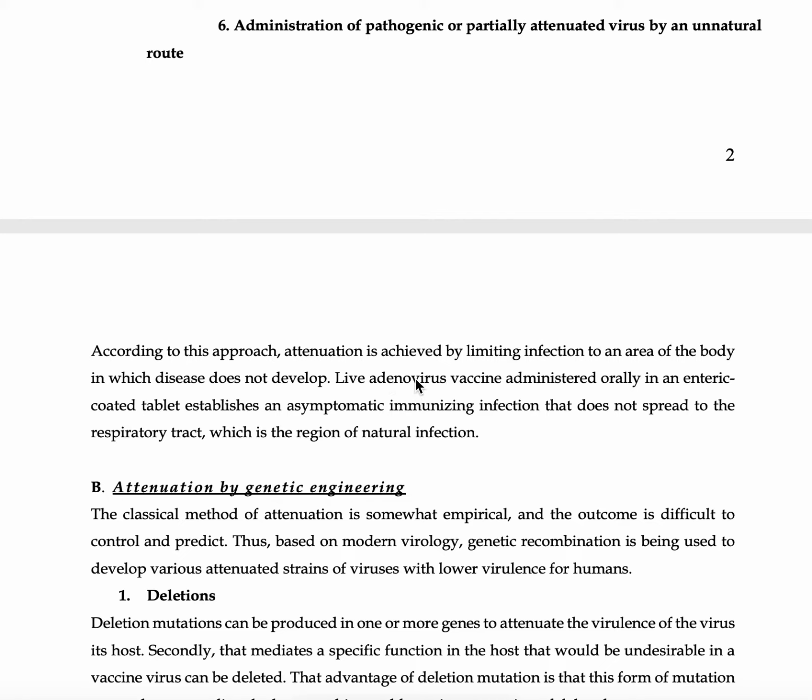Once you orally administer the adenovirus vaccine, it will cause an asymptomatic infection in the stomach, and due to this asymptomatic infection, it will induce immunity against the adenovirus in the host's body, but this infection can never reach the respiratory tract. That means it will not spread in the respiratory tract. So in this way we can avoid the disease, and at the same time we can induce the immune system.